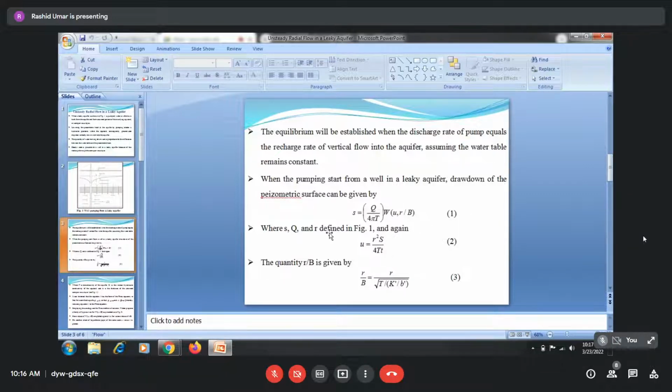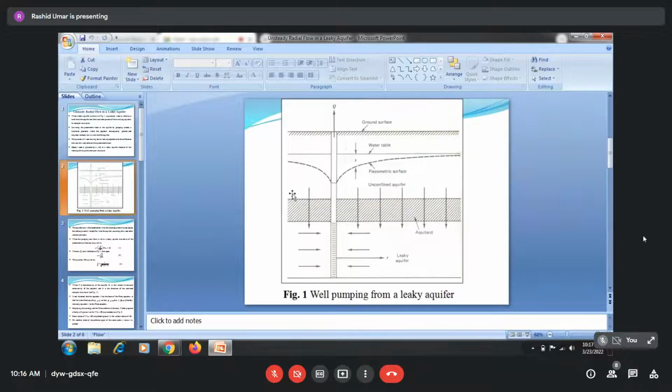K dash is the permeability or hydraulic conductivity of the aquitard, and B dash is the thickness of the aquitard. So the hydraulic conductivity of the aquitard will vary in different leaky aquifers, and the thickness is also not constant, it will be variable.